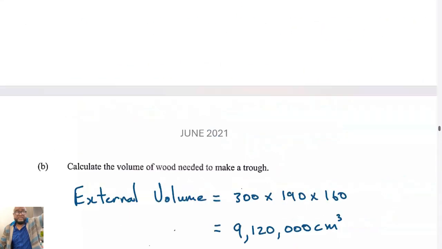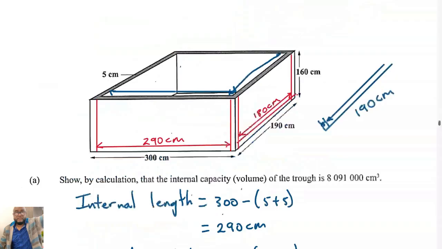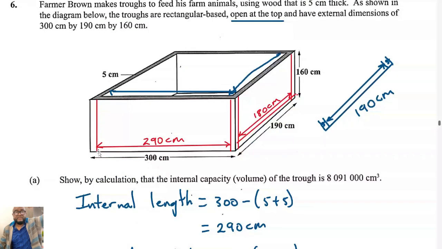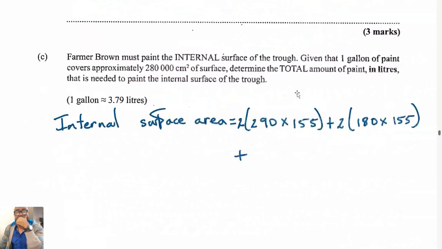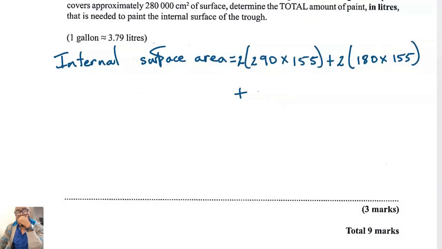How we find the base? What's the dimensions of the base? 290 by 180. That's the base on the inside, right? 290 by 180 plus 290 by 180. So give me my internal surface area here, please.